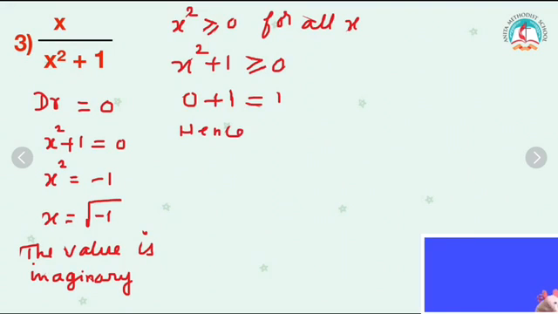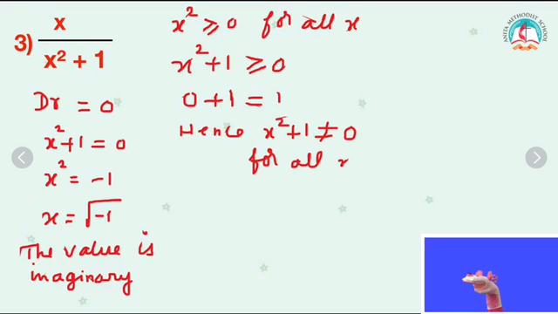So hence x squared plus 1 is not equal to 0. Okay children, so this is for all values of x. For all values of x, this is possible. So hence there can be no real excluded value.